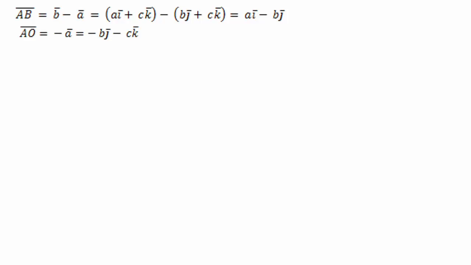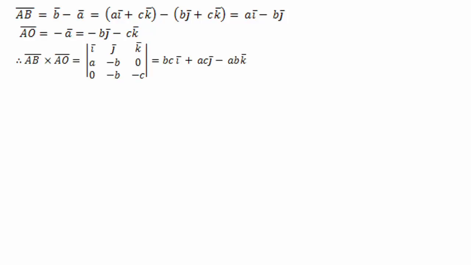AO bar equals minus A bar, that is minus bj minus ck, and hence AB cross AO is equal to the determinant of i j k; a, minus b, 0; 0, minus b, minus c, which is nothing but bc i plus ac j minus ab k.